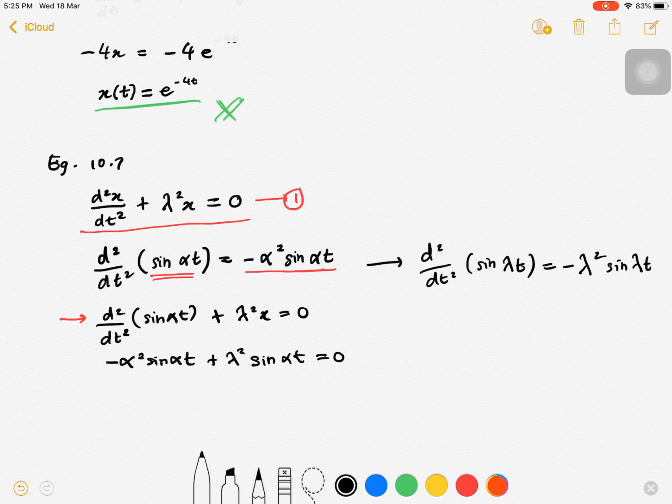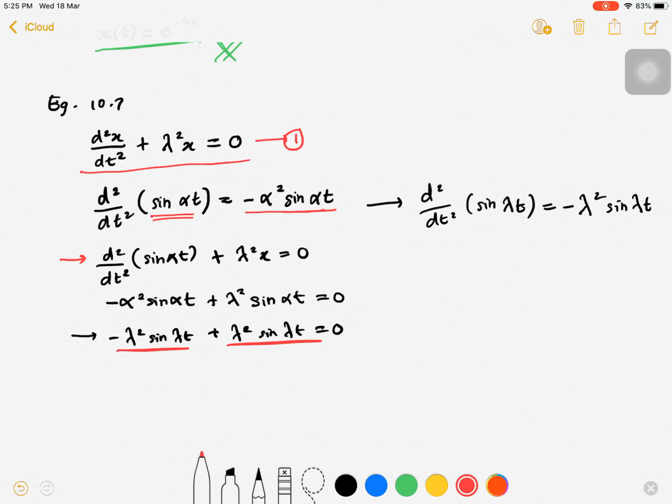Okay, now when we replace everything, so we will have negative lambda square sine lambda t plus lambda square sine lambda t, and of course these two components are similar, therefore it is solved that x of t is equal to sine lambda t. Okay, so this is the solution.